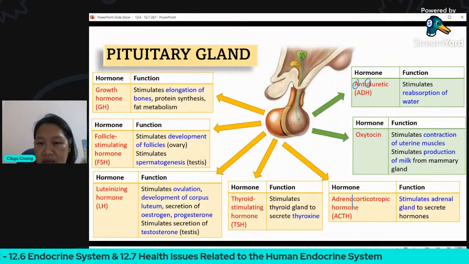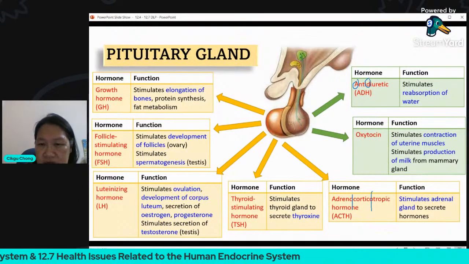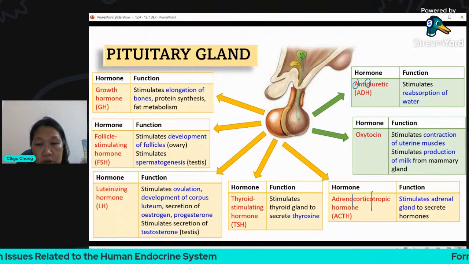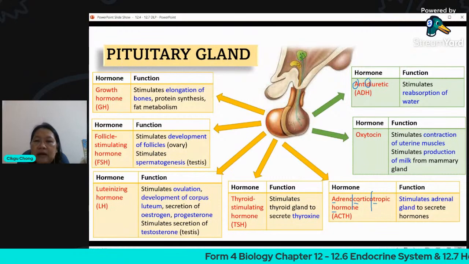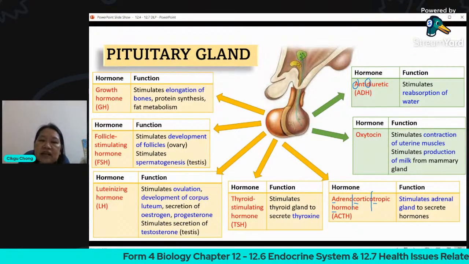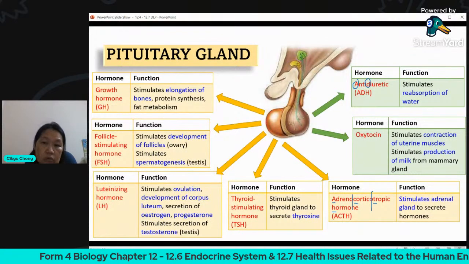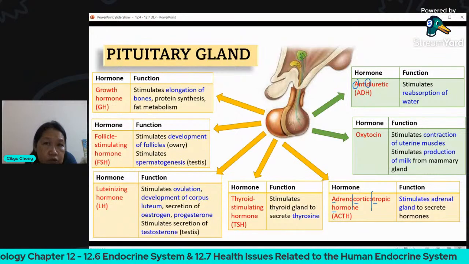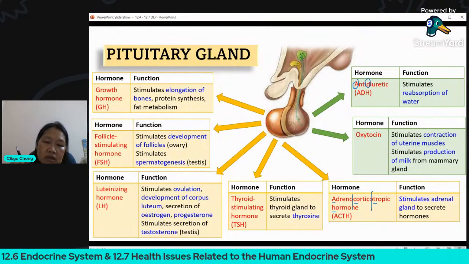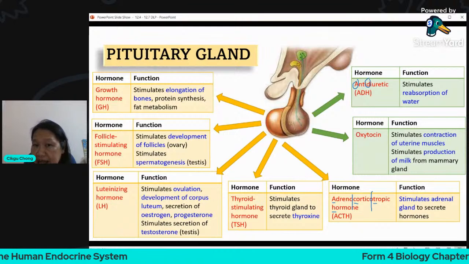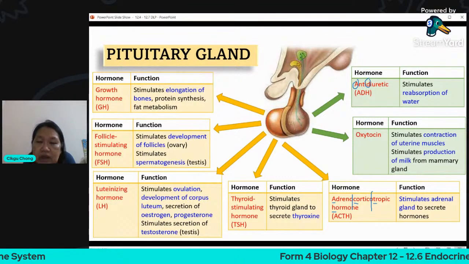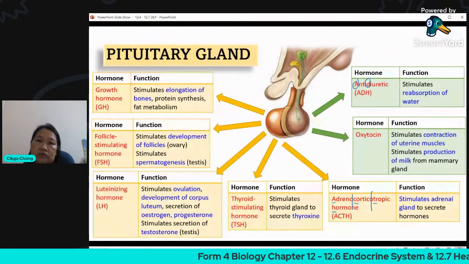Adrenal is an A, cortico is a C, tropic is a T. So A, C, T, H. Now this stimulates the adrenal gland to produce its hormones. Inside the adrenal gland there are two hormones, which I will show you later. Without this stimulation from the pituitary gland, without this ACTH, the adrenal gland will not produce the hormone.